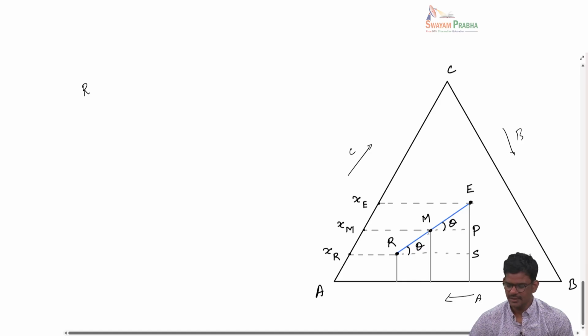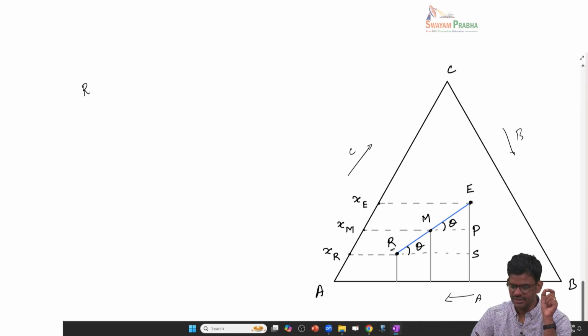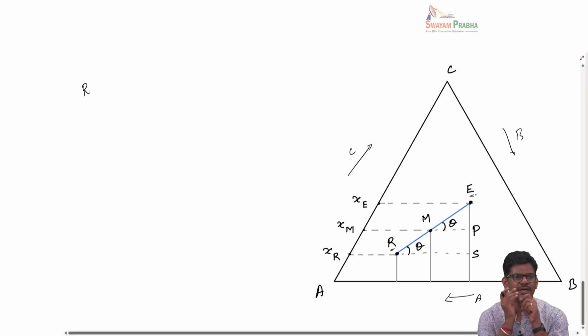Where the location of M will be depends on how much of the solution at R and how much solution at E I am mixing. Let us do this by mass balance.